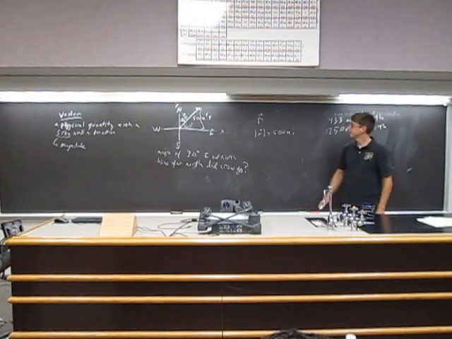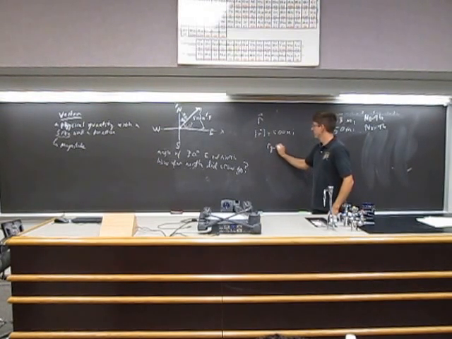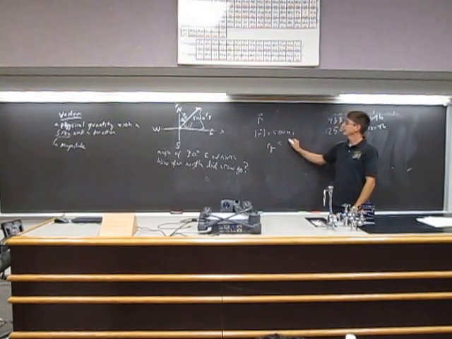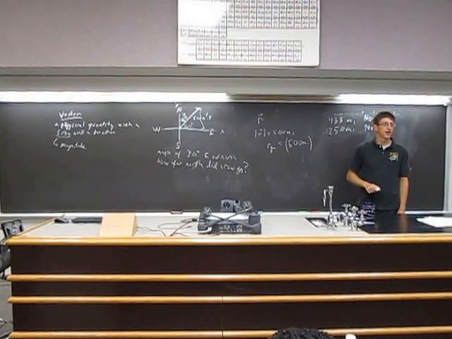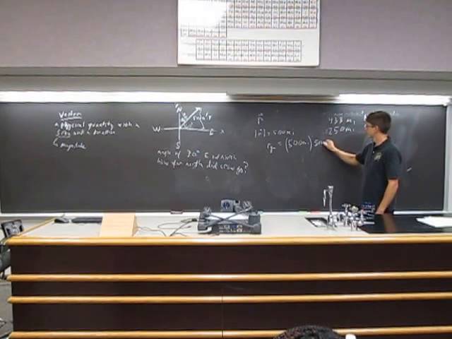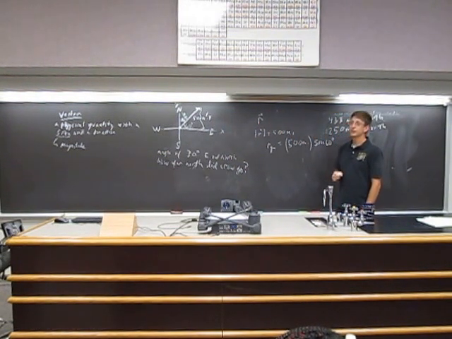All right. And so if I want to get the R sub Y, I would take the magnitude of R, which is the 500 miles, times the sine of that 60 degrees, right? Couldn't you do cosine of the 30 degrees as well? Sine of 60 or cosine 30. Yes, you could.